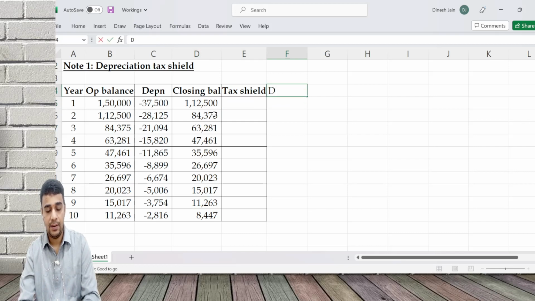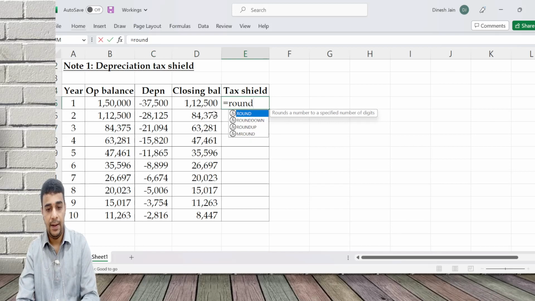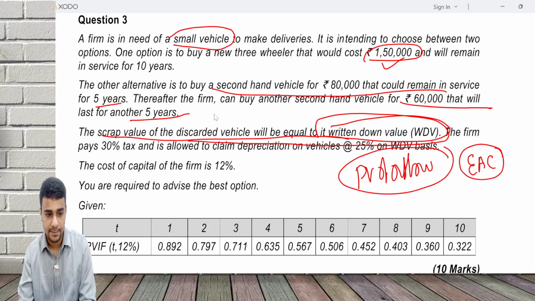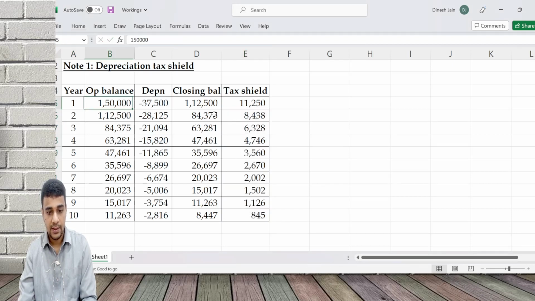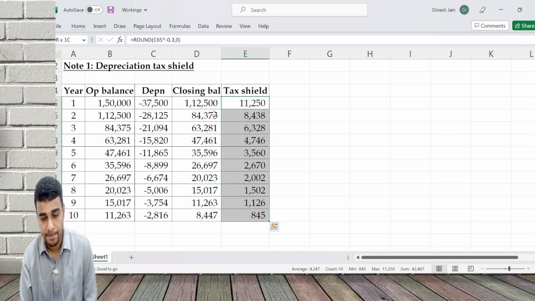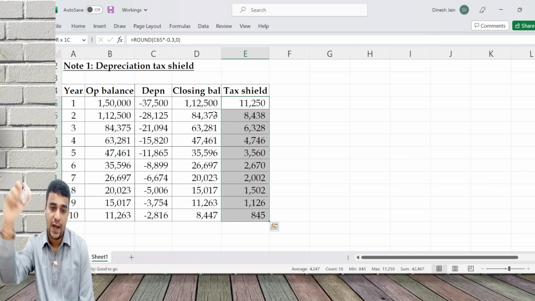Tax shield is, okay, I'll give some time. Quickly note it. We are claiming depreciation at the rate of 25%. Tax shield is depreciation into the tax rate. I think tax rate is 30%. This is like an inflow every year, because I will save so much of tax every year.